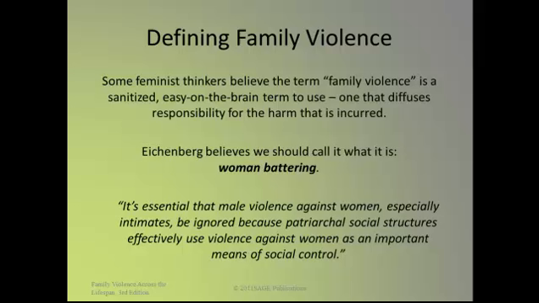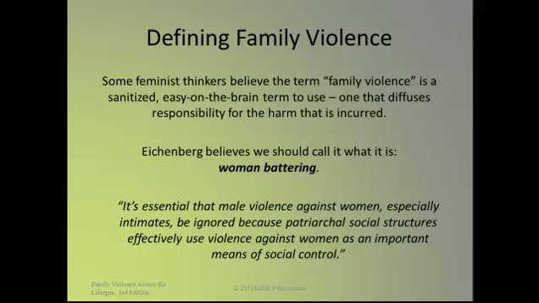It diffuses responsibility for the harm that's occurred. If it's family violence, it implies that all members of the family have some part to play in this, and the picture it conjures up is everybody being violent in the family system.